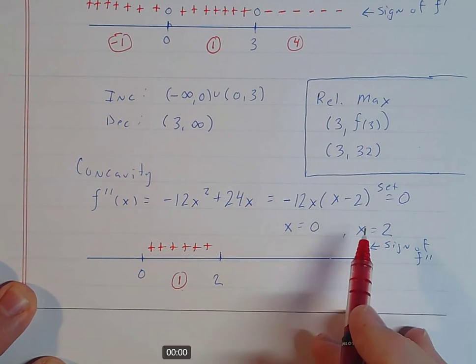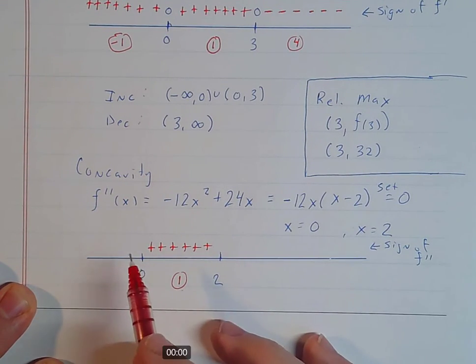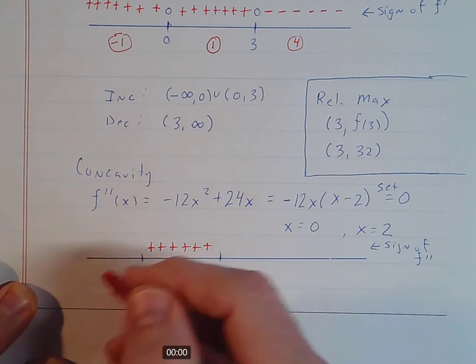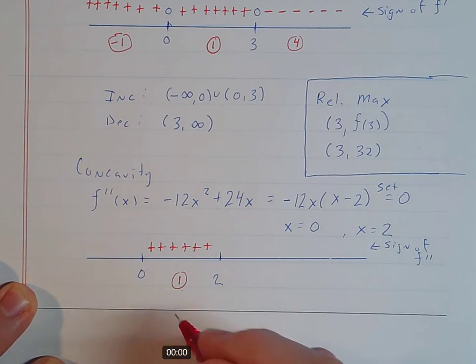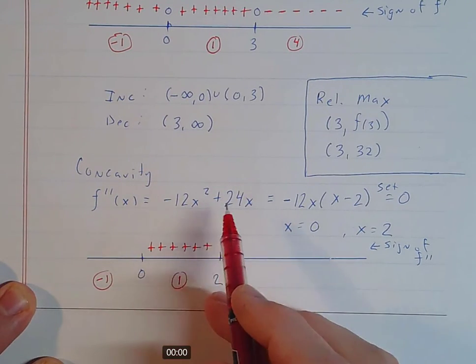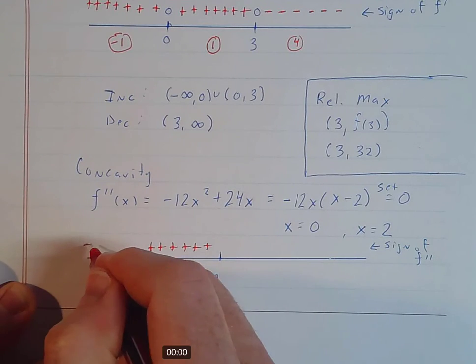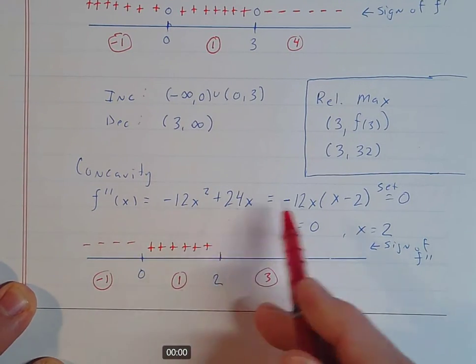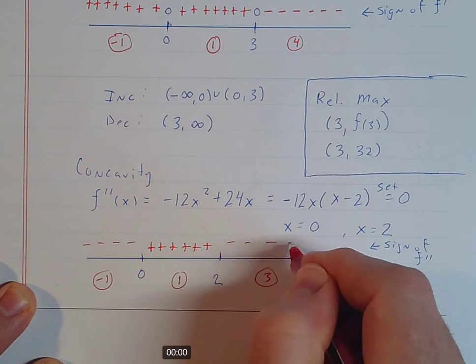Now, because each of these had odd multiplicity, I expect the sign to change on both sides. You can go back and choose some test numbers and verify that. Maybe a test number of -1. Plugging it over here, you're going to see that this is going to be negative. Test number of maybe 3. Plugging it up here, you're going to see this over here is going to be negative.